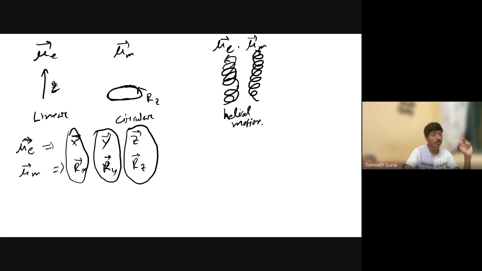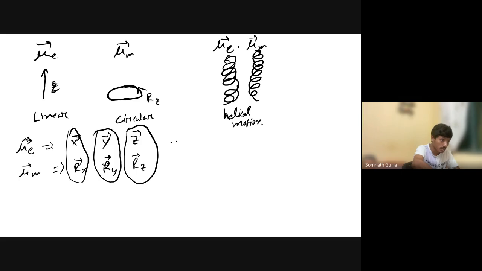If one direction combination is active together, then our molecule will be CD active. If the molecule has one of them, that is the Rx and X, which is actually active at a certain point, then it will become CD active.